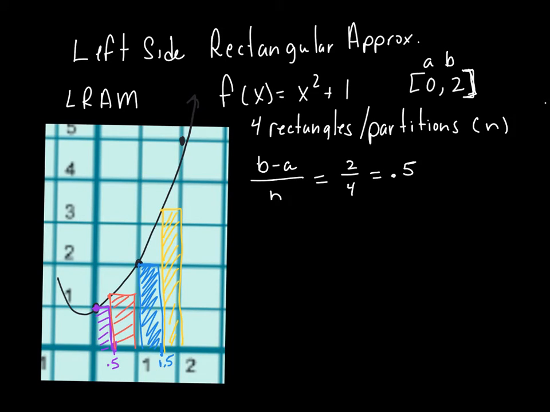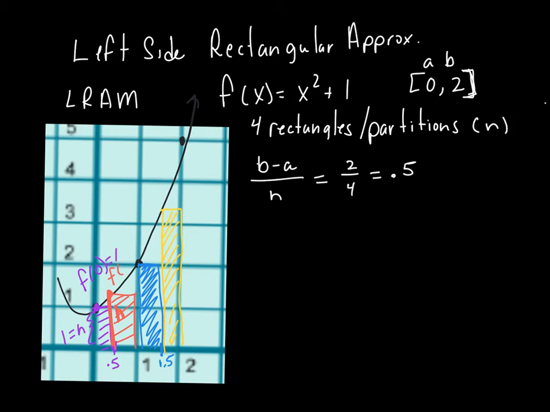Now, how do I find those points? Well, what is this point? That's going to be f of 0, which is equal to 1. That means that height is equal to 1. The next point that I need to find, that point here, is going to give me that y output, which is my height.